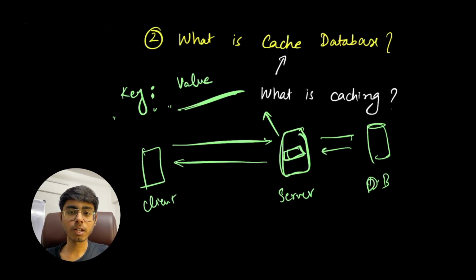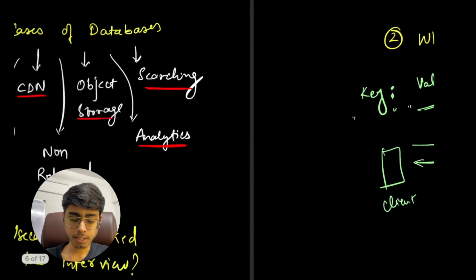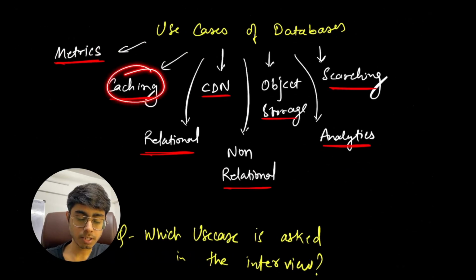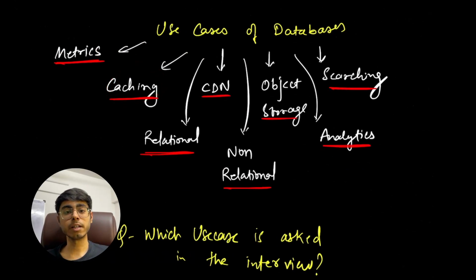That's why if the client is asking for some information again and again, the server, instead of going to the database, will go to a cache database, and this process is called caching. This is very significant if you want to retrieve some kind of data a lot of times during a session, right? So this is caching, and this is another use case. If the question that the interviewer has asked fits into this type of use case where you have to retrieve the information again and again, then you can go with cache databases.